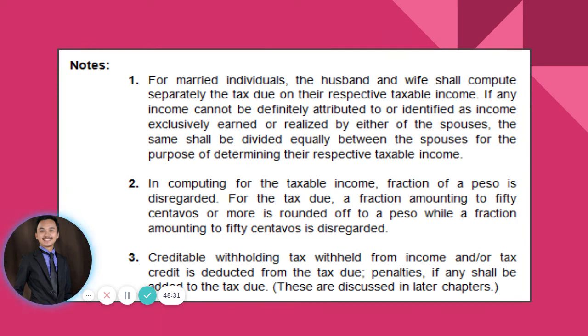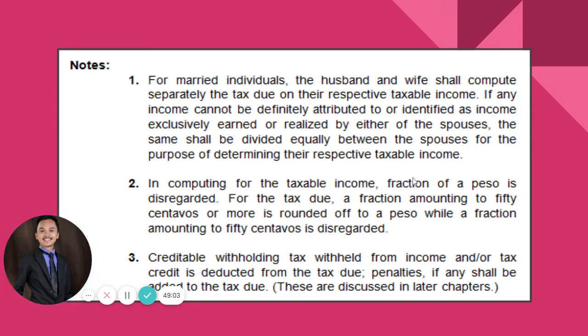However, if any income cannot be definitely attributed to or identified as income exclusively earned or realized by either of the spouses, then the same shall be divided equally between the spouses for the purpose of determining their respective taxable income. So again, if there's an income that cannot be identified as related to the husband or the wife, it will be equally divided among the two and added to their respective taxable income.